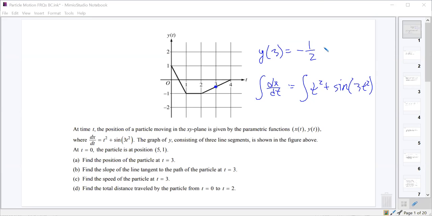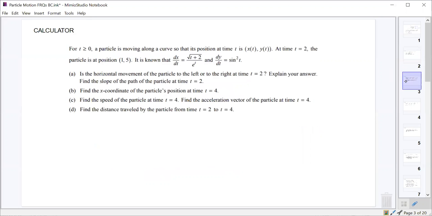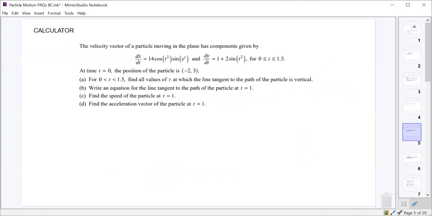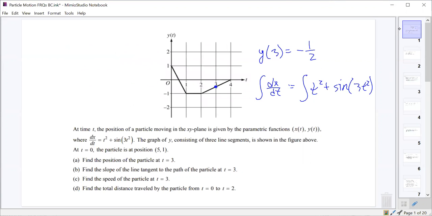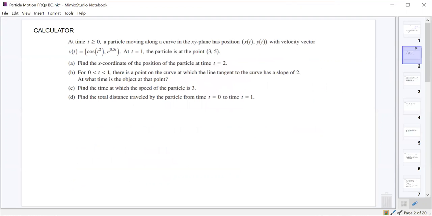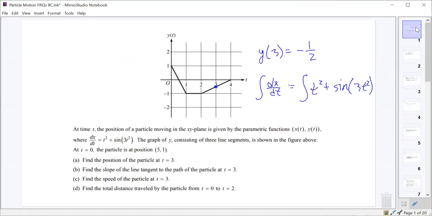Yeah, as soon as I started going through here, I was like, you're not going to be able to integrate that. Ah, dang. I had it typed in for all the other ones. So just in my head, I said, this one must have been non-calculator. Nope, this one's calculator too. And now it says it is.